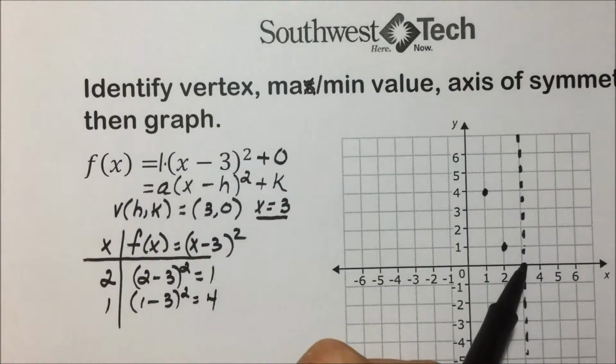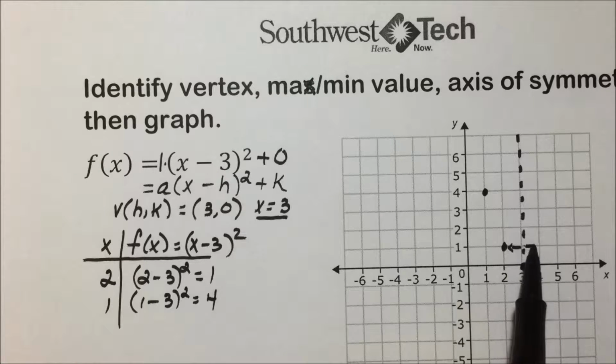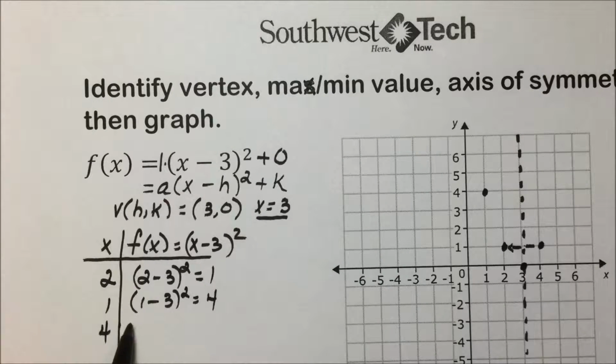The vertex is a reflection of itself, but since we are over 1 from our axis of symmetry at this height, by reflection it would mean we have a point here at 4, 1. And just to verify that, if you let x equal 4, we would have 4 minus 3, which is 1. 1 squared is 1, and it's proving out.